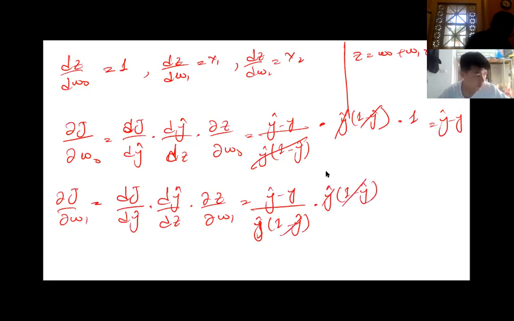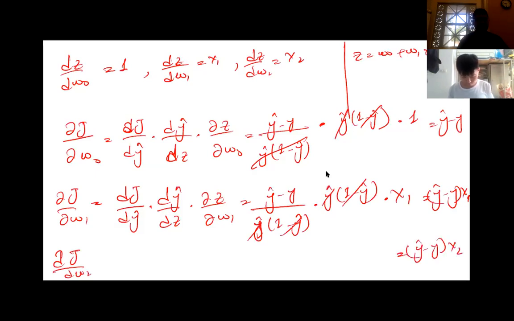Again, these two cancel out, times what is the partial derivative of z with respect to w1? It's x1. So this becomes y hat minus y times x1. And you can do the partial derivative of J with respect to w2. This would be y hat minus y times x2.